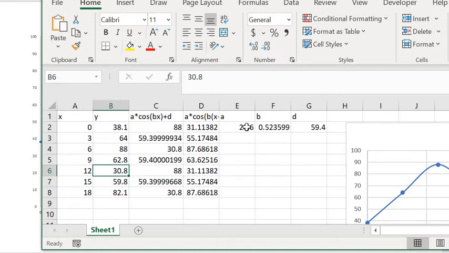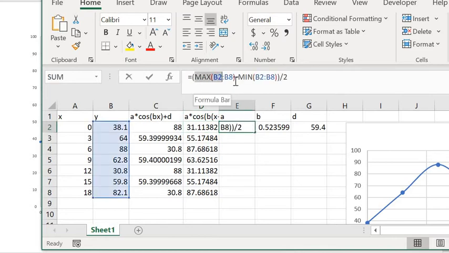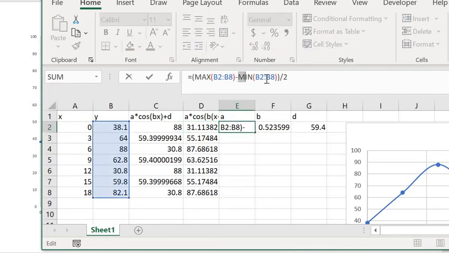But I'm not going to do it that way. I actually have a formula. Here's the formula. Equals the maximum of B2 colon B8, so all the data of the y values sitting here, B2 to B8. So the A value is maximum of this minus minimum of this, the same command. Make sure you close all your parentheses.